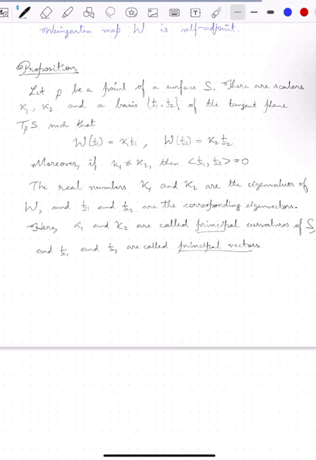The principal vectors and principal curvatures corresponding to kappa 1 and kappa 2.